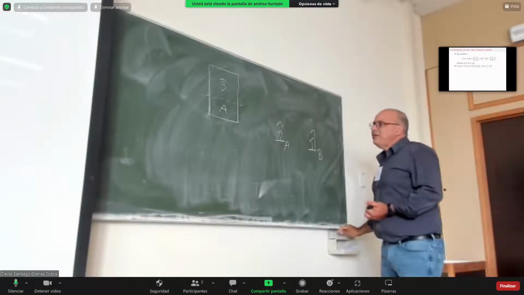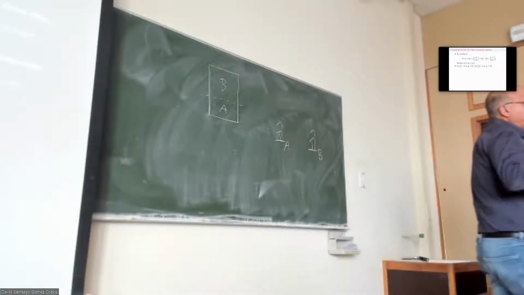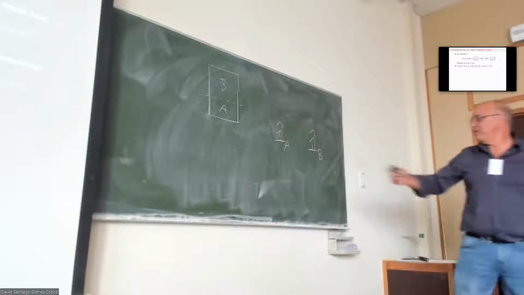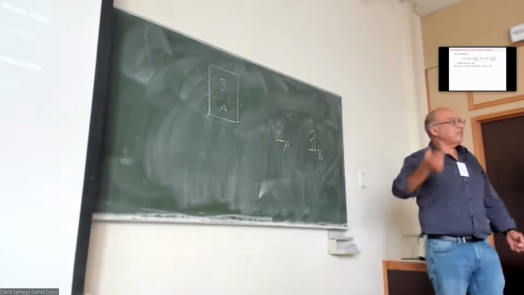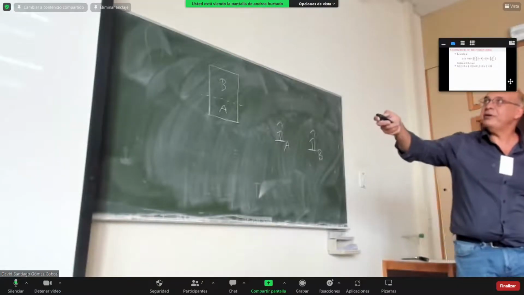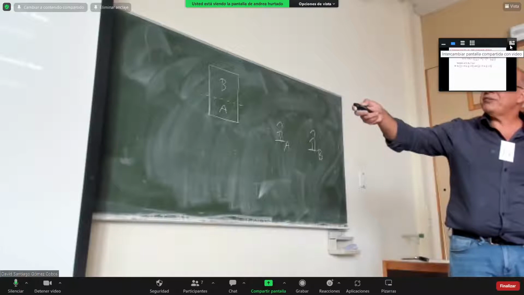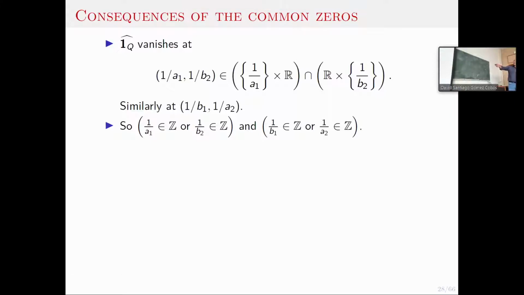Well, it's in the zero set of 1_A hat because the first coordinate is a multiple of 1 over a1. And it's in the zero set of 1_B hat because the second coordinate is a multiple of 1 over b2. So that point up there is a common zero, therefore it's a zero of 1_Q of the big box. And the same is true for 1 over b1, 1 over a2.